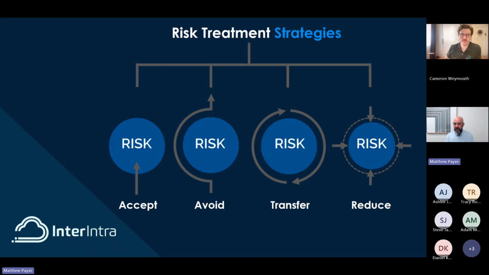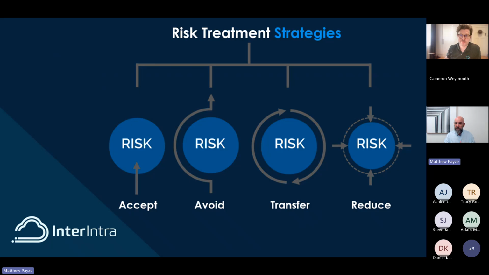An example of this might be, it's a minor risk, it's low, and it's cheaper just to accept it than to apply any additional countermeasures or safeguards or security controls. They would certainly be candidates if they are low likelihood with minimal impact.